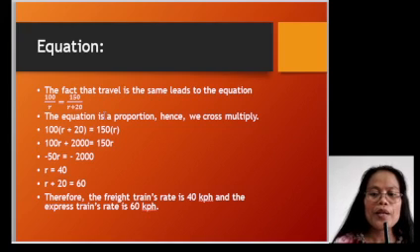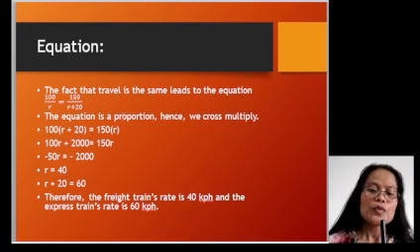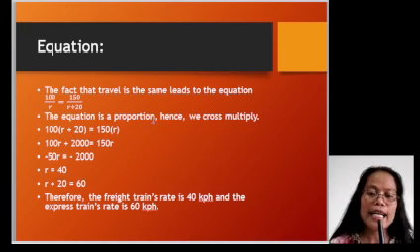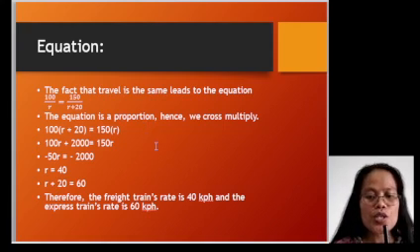Okay, now the fact that the travel time is the same leads to the equation 100 over R is equal to 150 over R plus 20. So those are the equations now. And we have to take note that the equation is a proportion.